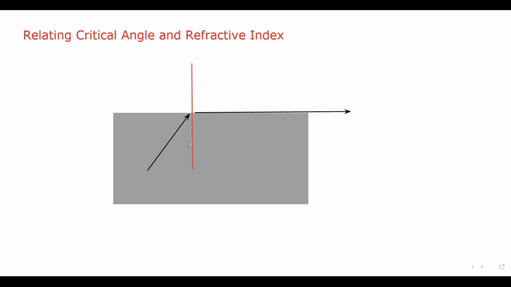So for example, whenever there is a critical angle, the angle of refraction is 90 degrees. This is the angle of incidence.